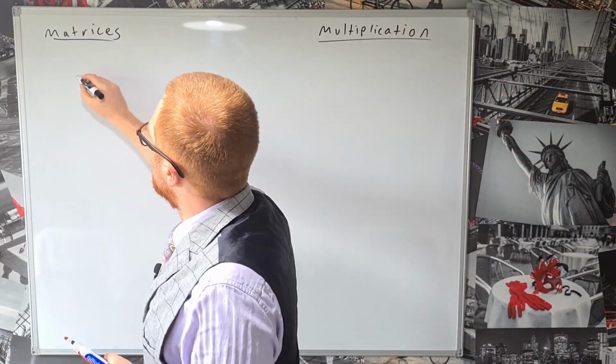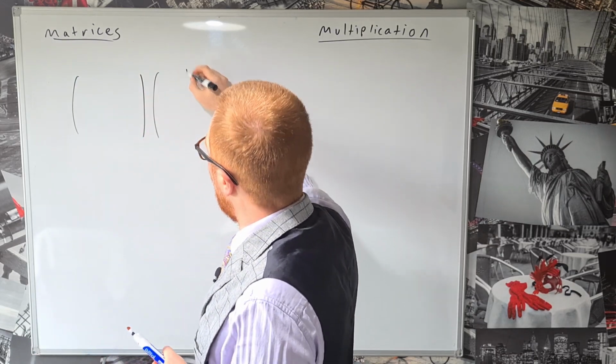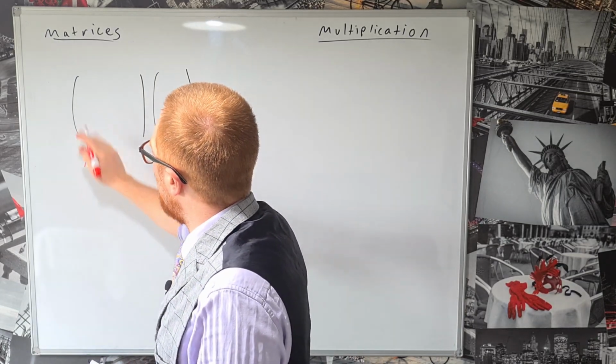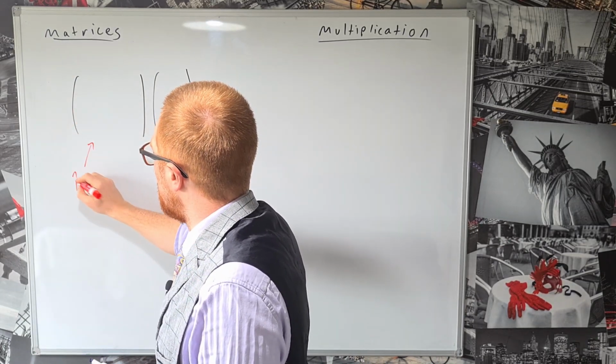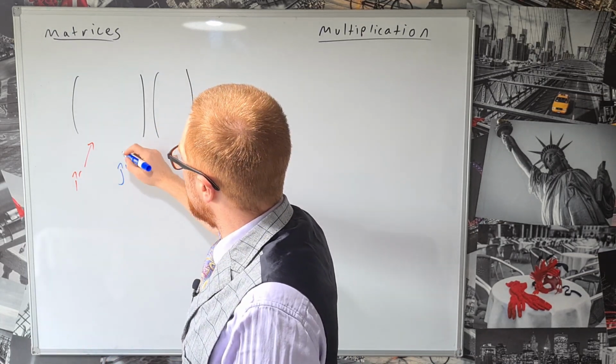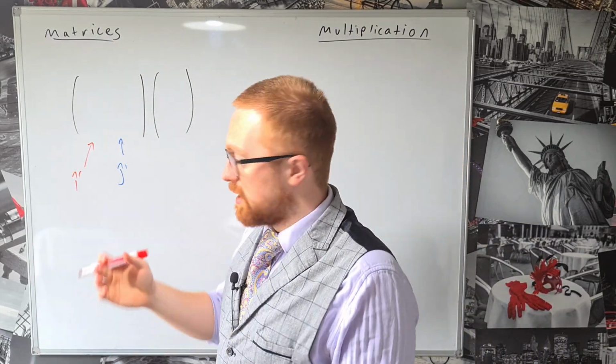So far we've looked at a matrix as a transformation of a vector, and you'll remember that this vector here was where the image of i hat was, where i hat ended up, and this vector here was where j hat ended up. So let's do this through an example.